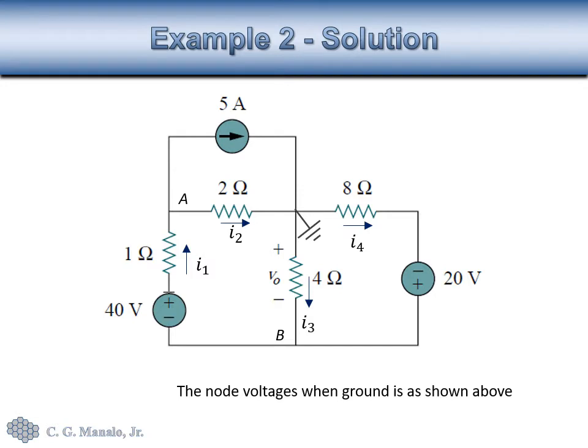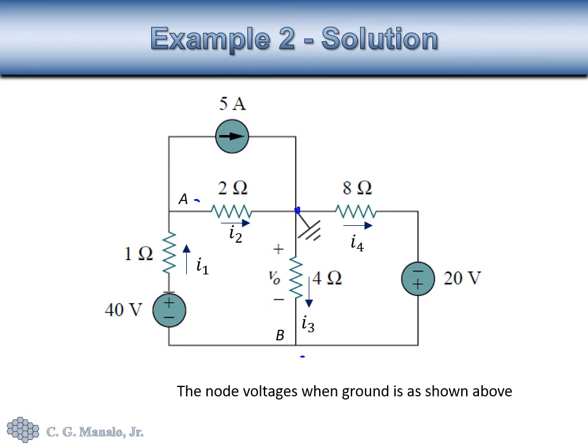So first step is to identify the nodes and define or assign a ground node. And by our rules, this node should become our ground node. And so we label the remaining nodes as A, B here, A here, B here.